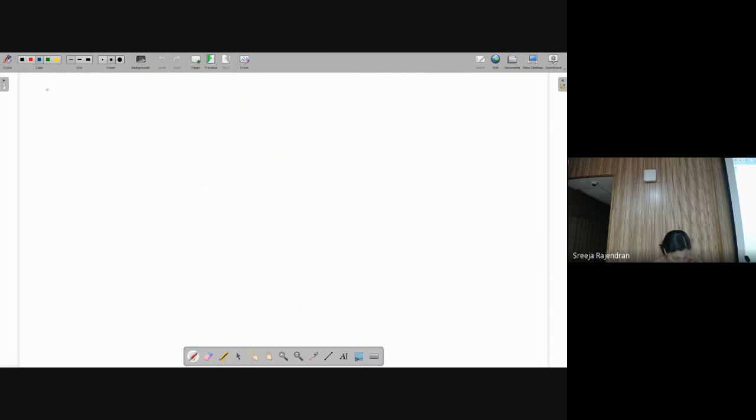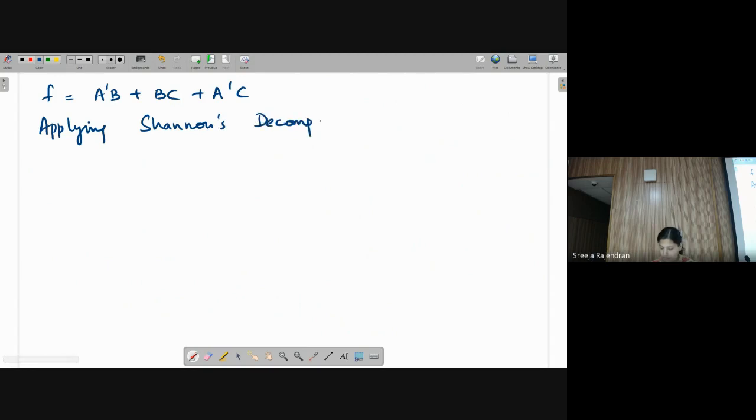So now, f is equal to a bar b plus a c bar, and so on. Applying the theorem, I am decomposing the function with respect to a.